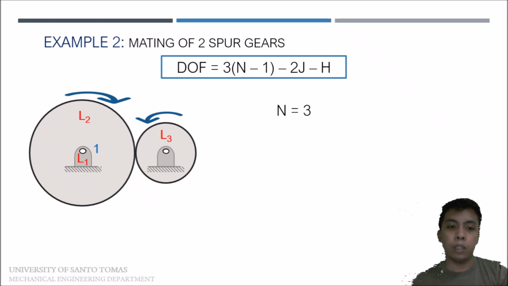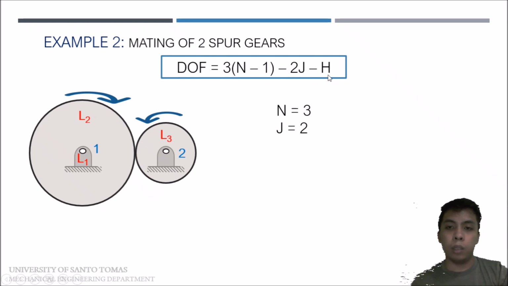Next, let's count the number of lower pairs in the mechanism. First, we have a revolute here, wherein the driven gear is rotating, and another revolute here, wherein the driving gear is rotating. So we have 2 lower pairs in the mechanism.